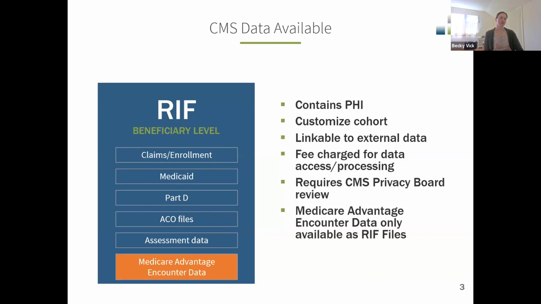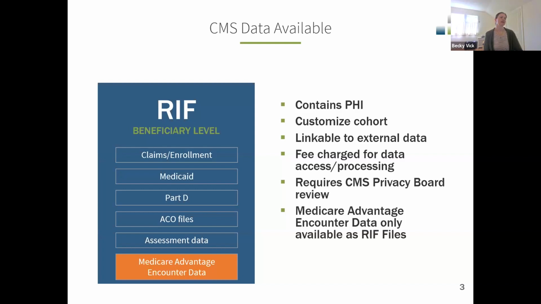So, in order to protect members' information, researchers must sign a data use agreement in order to use these data. That's part of the process of getting access to these data, being willing to sign a DUA.